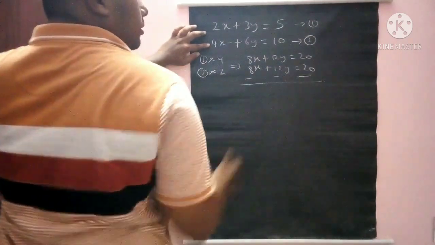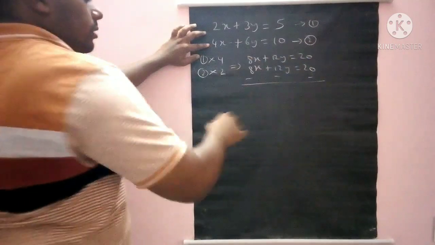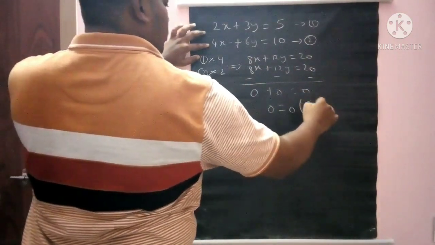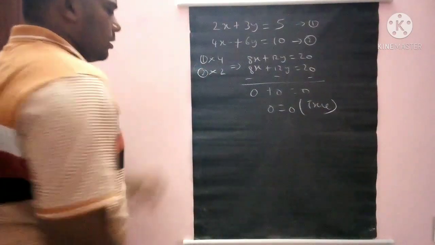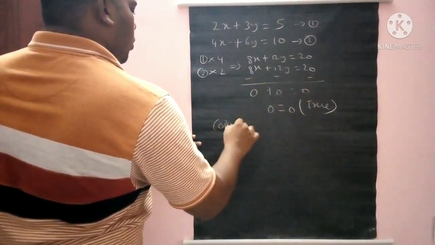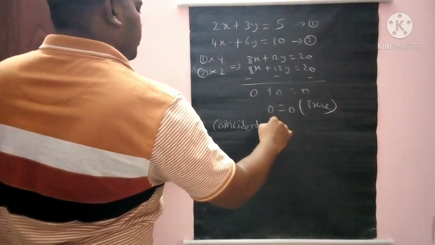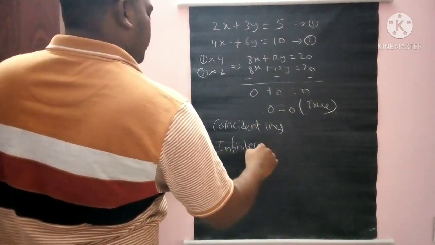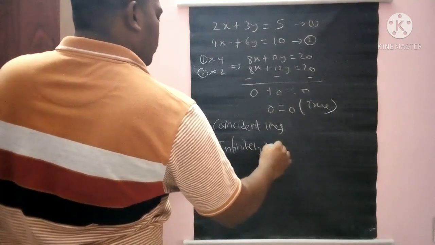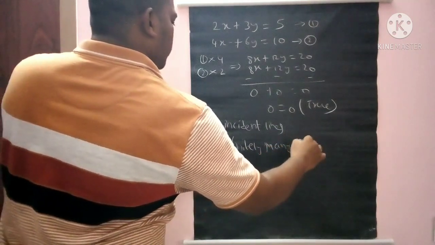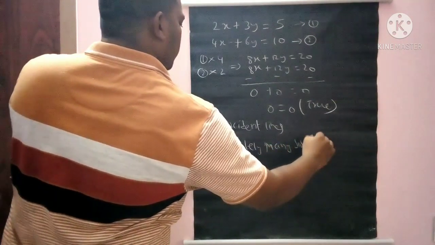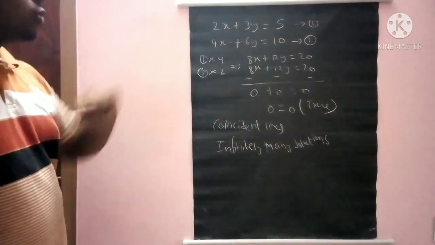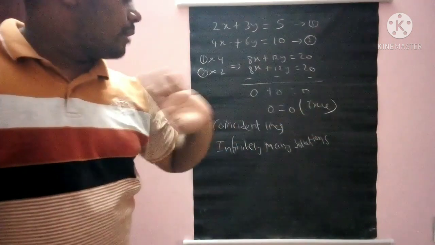If you subtract, the signs will change. 0, 0, 0. So 0 is equal to 0. So this is a true statement. That means coincident lines. So infinitely many solutions will come. Infinitely many solutions. This is a true statement.